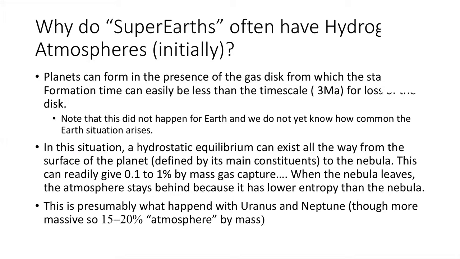Why? Because as it gets aggregated, it cools. It gets heated by isentropic compression, but then it radiates away, and so it becomes sub-isentropic relative to the nebula. And then when the nebula gets swept away, it stays because it has lower entropy. It's bound. This also presumably happened for Uranus and Neptune, although in that case, the masses are much more substantial.